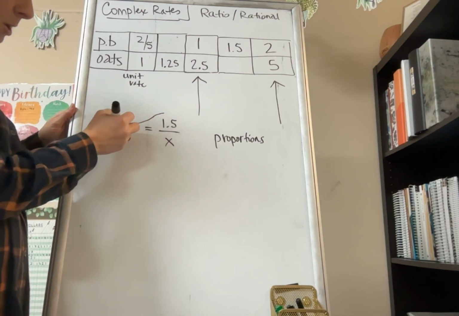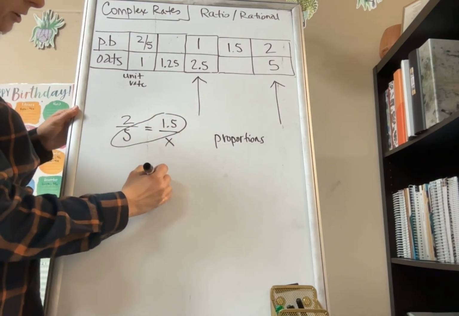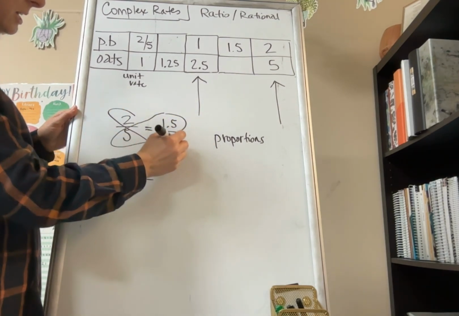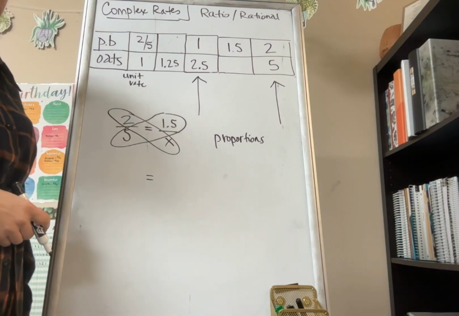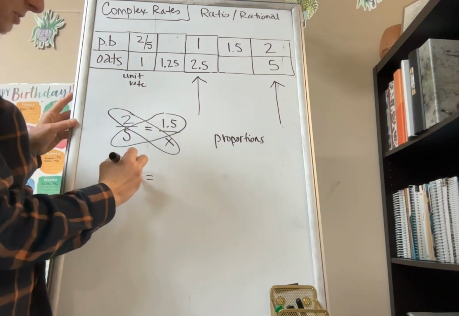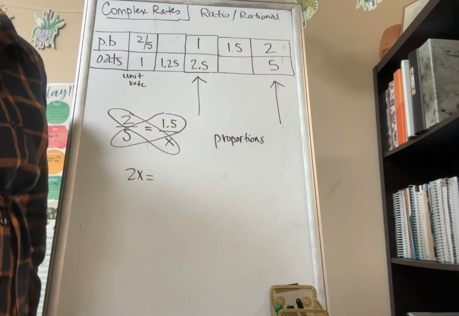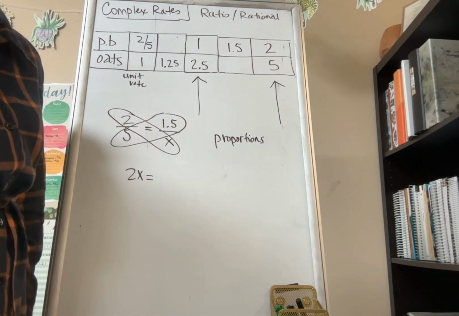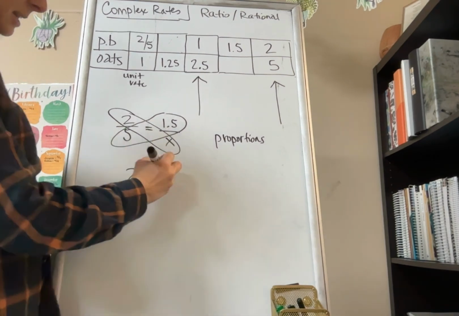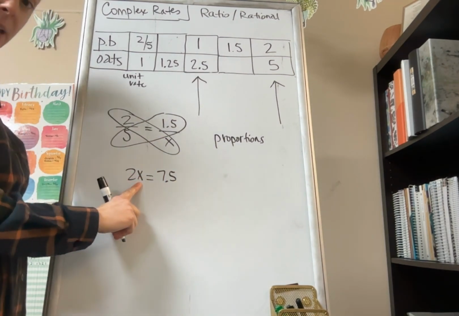So basically I multiply these two pieces together, and then I say they're equal to these two pieces multiplied together. That's cross products. So I'm going to say 2 times x, that makes 2x, and then 5 times 1.5, that makes 7.5.